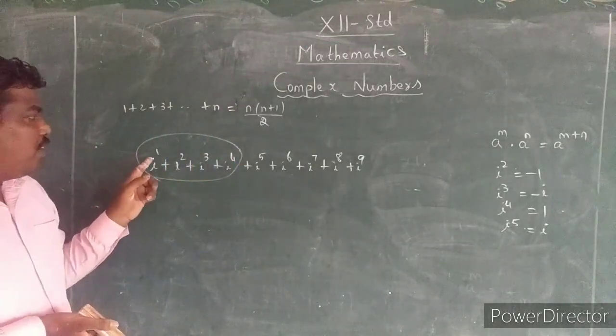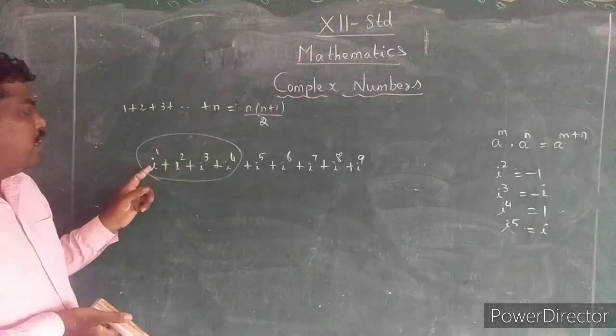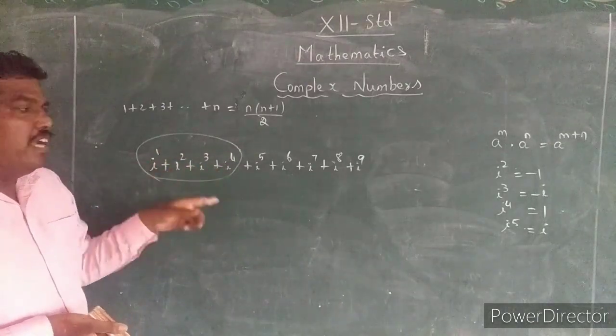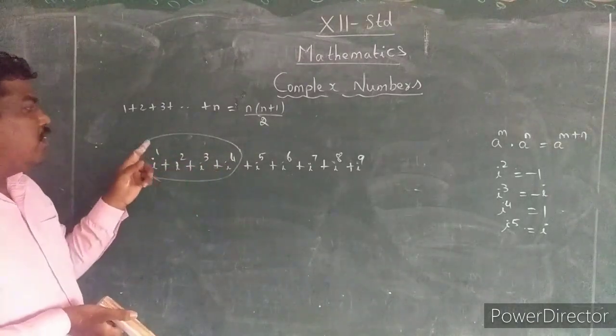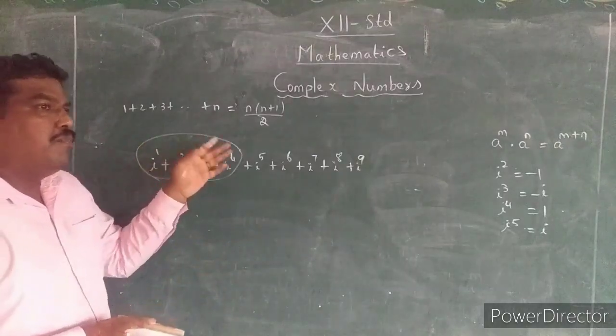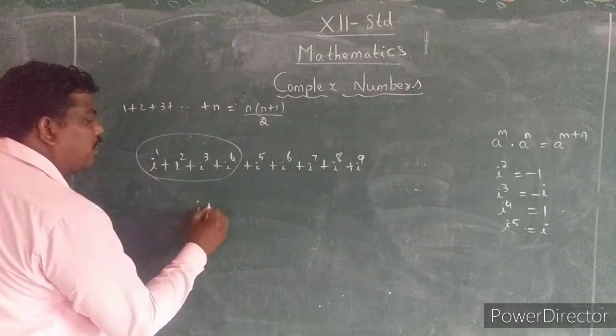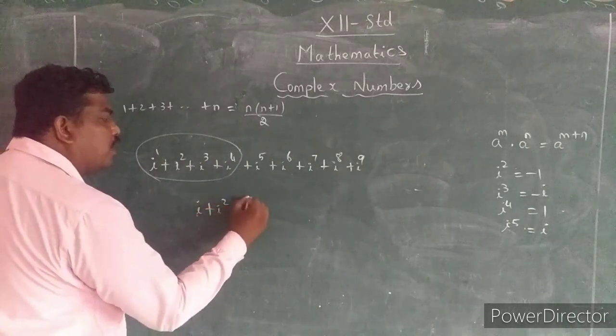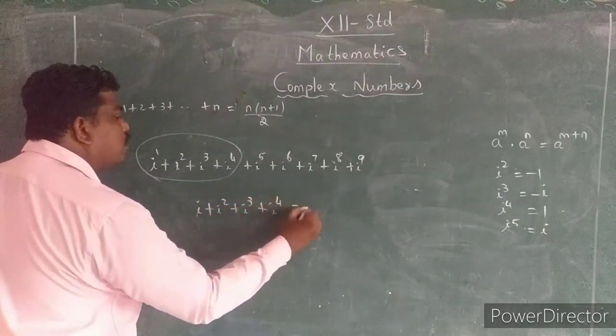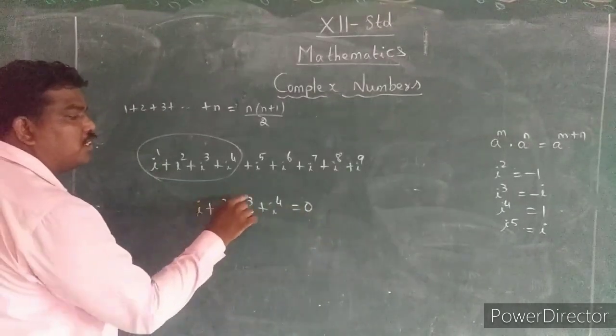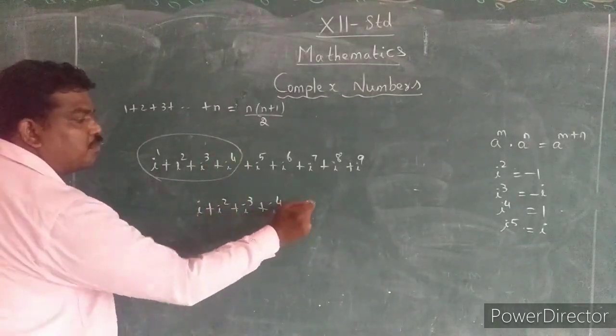So if the power of i is increased by 1 and i is expressed in addition, and the powers are consecutive, 4 or 5 powers going on, the answer is 0. i plus i square plus i cube plus i power 4 is nothing but 0. If the power is consecutively 4, the answer is nothing but 0.